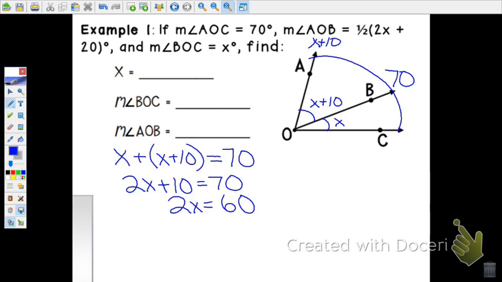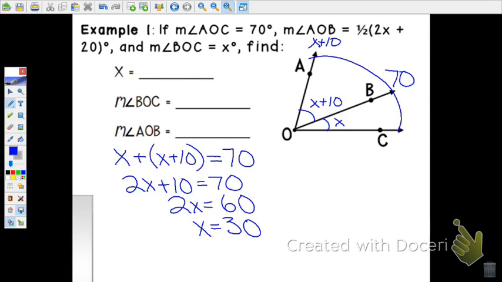If you need to physically write that down, you're subtracting 10 from both sides. I'm dividing by 2. I am not going to write all of that down. I say it, but I'm not going to write it down, because this is geometry class, not algebra class. But if you need to do that, you can write that so you're not making mistakes.